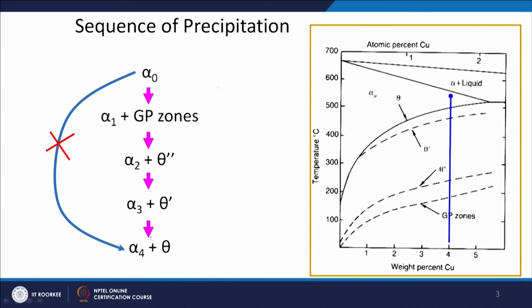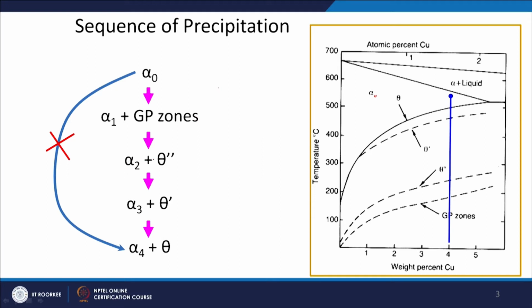We are not going into all those details of how these form and so on, because it will be again a big topic. Okay. You just take it from me that while doing a precipitation reaction, what we want is that the sequence of precipitation should be such that the solid solution should dissociate into a phase alpha 1 plus GP zones, which are Gwinner-Preston zones, okay.